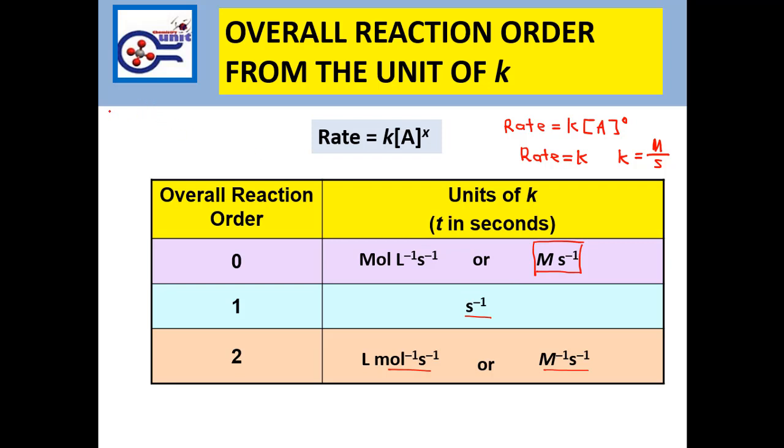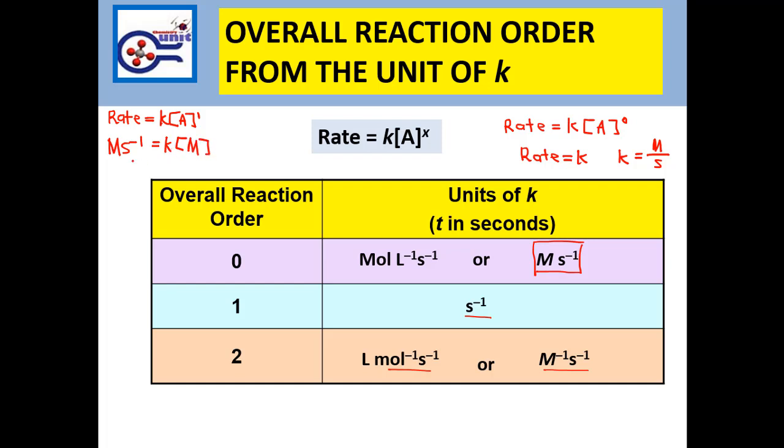Kalau first order, maksudnya concentration of A itu is to the power of 1. Okay, so rate dia punya unit masih sama, molar per second. Concentration is just molar lah, ataupun you nak tulis mole per liter pun boleh.